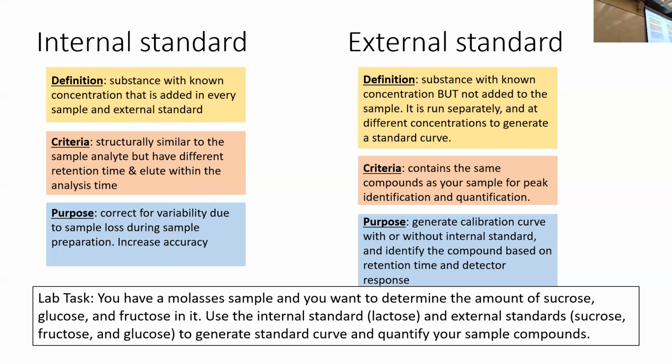It's going to come out during the analysis time, and it's structurally similar. Then your external standards are the exact compounds you're looking for: sucrose, fructose, glucose. We're going to use those to generate a separate standard curve for each of them, to quantify each of the compounds in your sample.